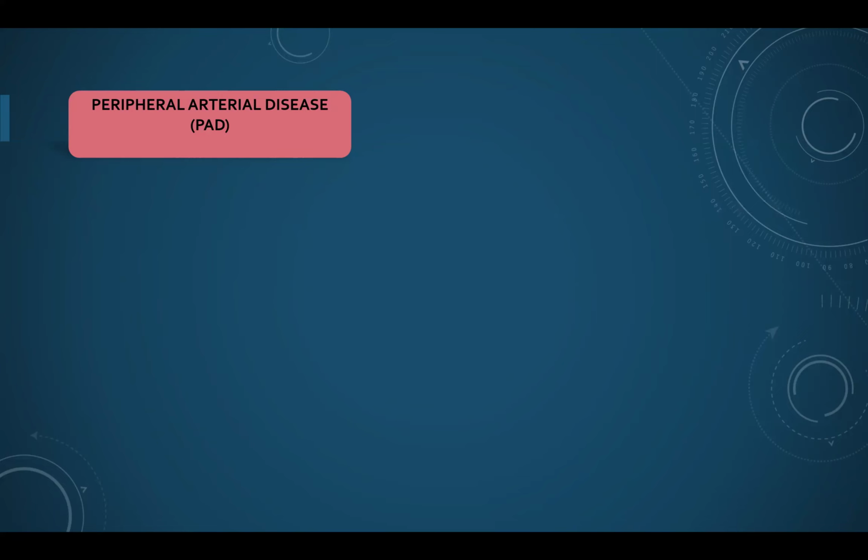The etiology of peripheral artery disease can be classified into atherosclerotic disease. The risk factors for atherosclerotic disease are male gender usually, smoking, diabetes, hypertension, dyslipidemia, hypercoagulable states, and systemic inflammatory conditions.